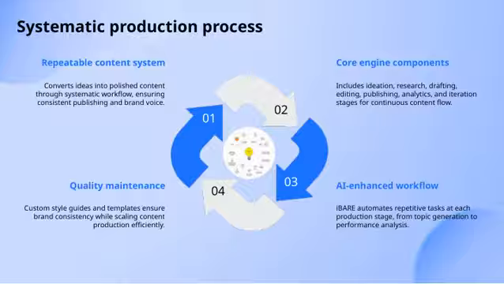This automation not only saves time, but also allows us to focus more on strategic, creative aspects. Altogether, this systematic approach ensures our content production is consistent, high quality, and scalable, perfectly aligning with our overall goal of delivering reliable, engaging content to our audience.